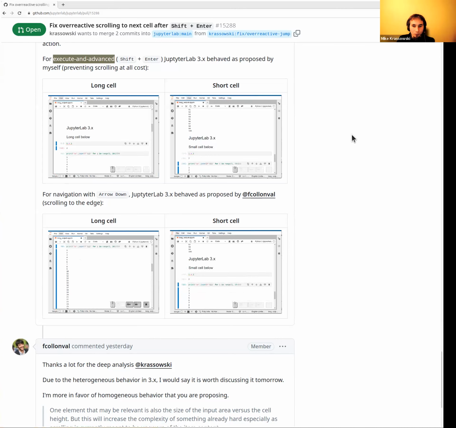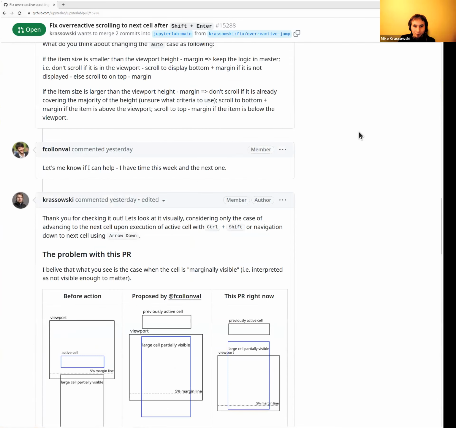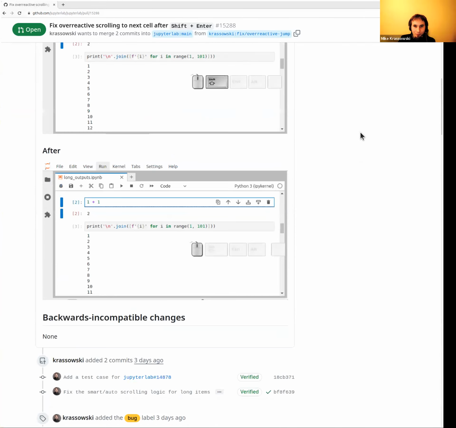With the windowed notebook, all of that behavior had to be re-implemented, and we didn't catch this stability when the windowed implementation was being drafted and then during the review.